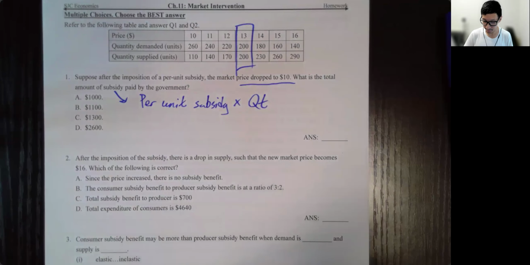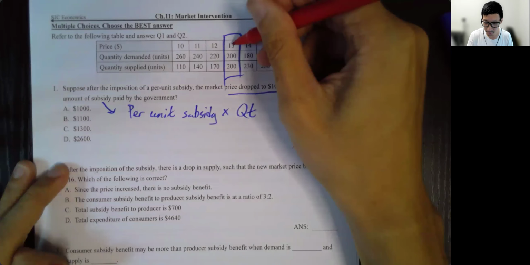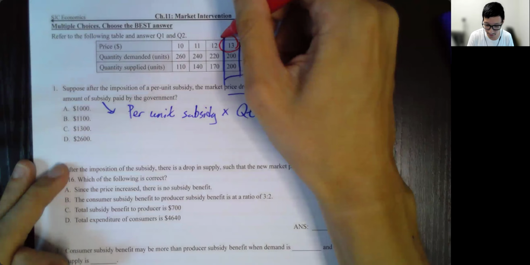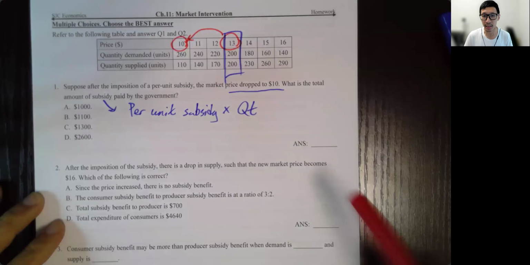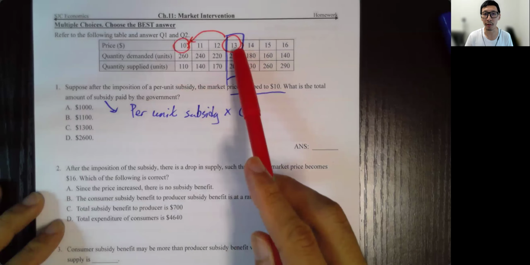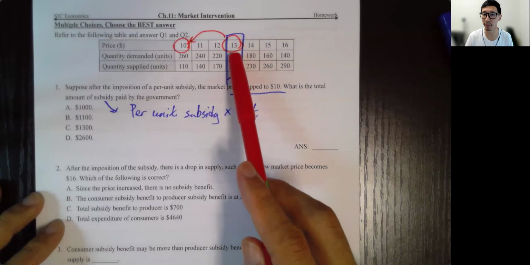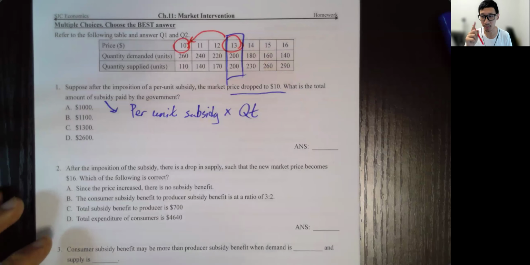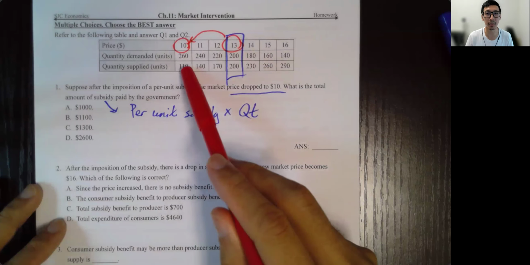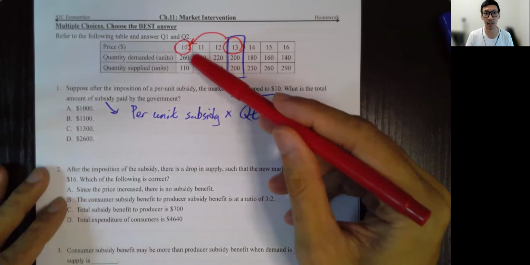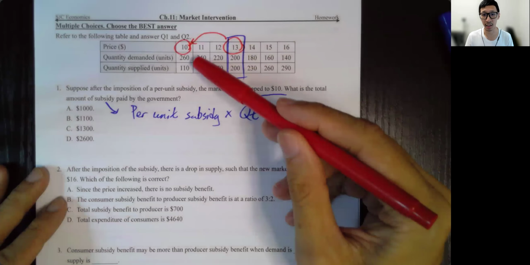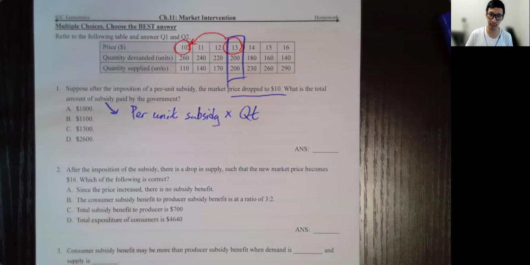It says the price drops from 13 to $10. In order for the market price to drop from here to here, we need this to become the new equilibrium. But take a look here: 260, 110, not equilibrium, right?